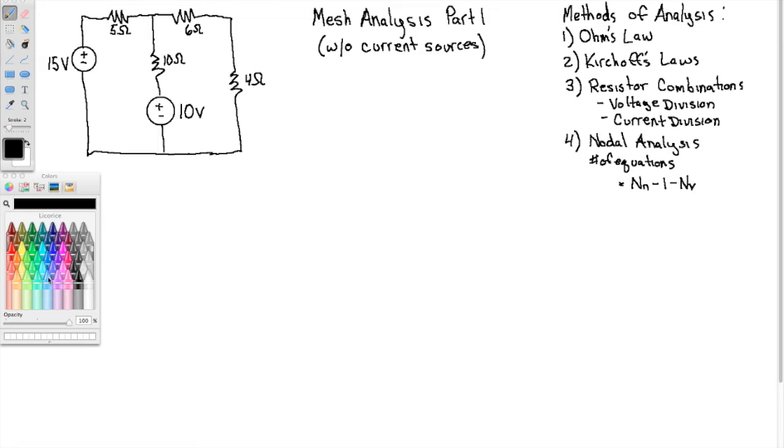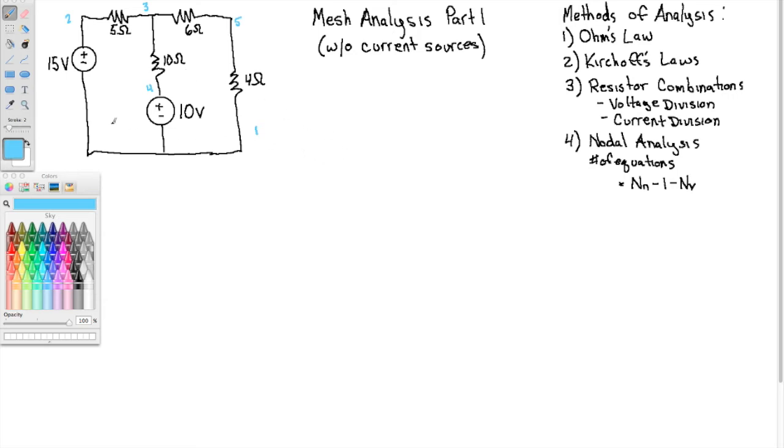So let's identify the nodes here. Here's 1. And I'm not going to circle them anymore, but here's 1 node here. Here's 2. Here's 3. Here's 4. Here's 5. So we have 5 nodes. We have 2 voltage sources. So 5 minus 2 minus 1 is 2. So if we use nodal analysis, we would require two equations.